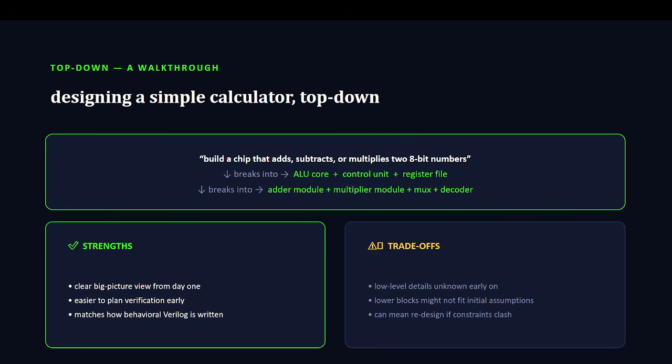Each of those then breaks down further. The ALU core becomes an adder module, a multiplier module, a mux to pick between operations, and a decoder to interpret the operation code. Now you are at a level where you can just write Verilog directly.